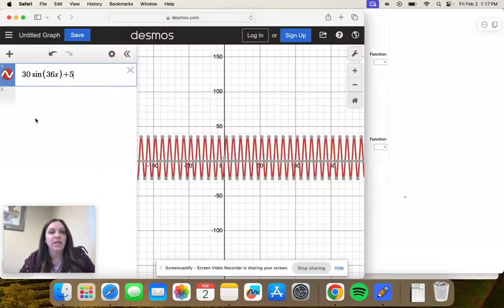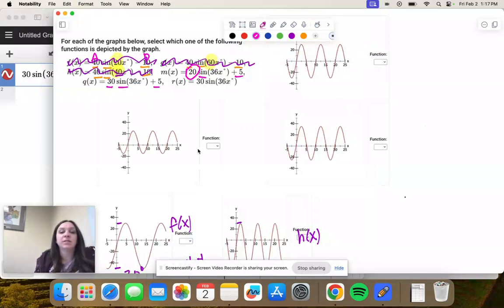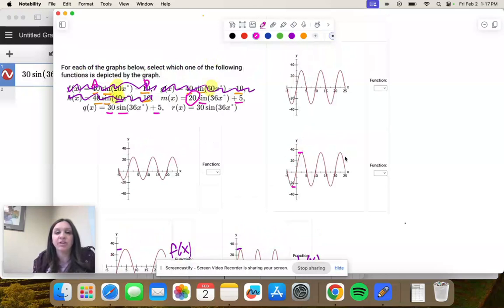Yeah. Okay, so I'm going to look at the maximum and the minimum. So I'm at 35, and the minimum's negative 25. So which graph goes up to 35 and down to negative 25? That one, right? Because that midpoint's 30 right there. So this will be q of x.